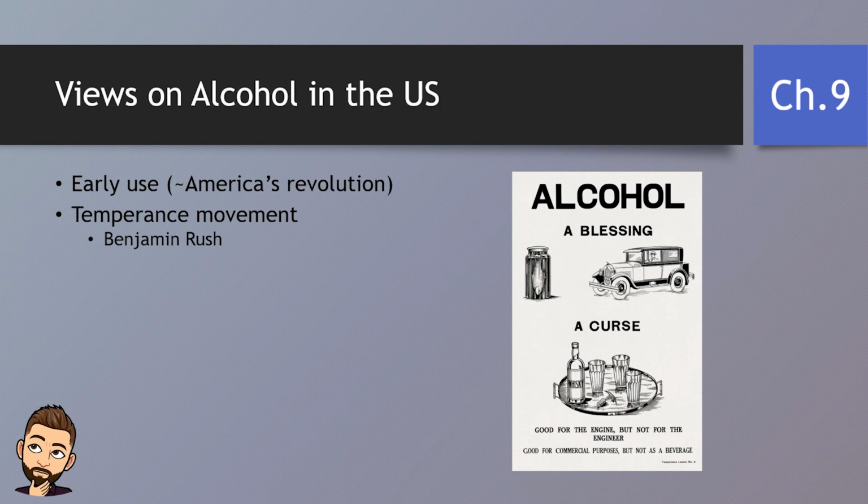So this led to, again, the temperance movement. And this was the idea that people would basically pledge to abstain from hard liquor and instead only drink beer or wine.